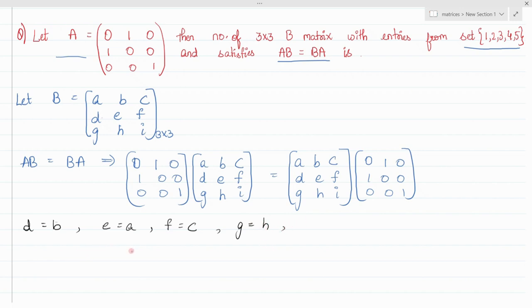So now just substitute these elements and write the matrix B. a will be a itself, b will be b itself, c will be c. d is nothing but b over here, e is nothing but a, f is nothing but c, g is nothing but h, and i remains i.